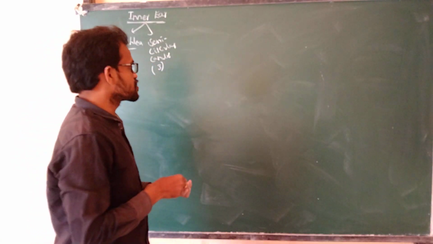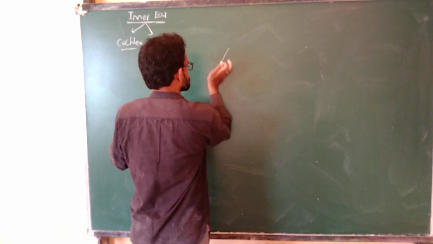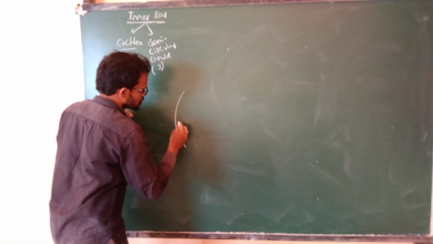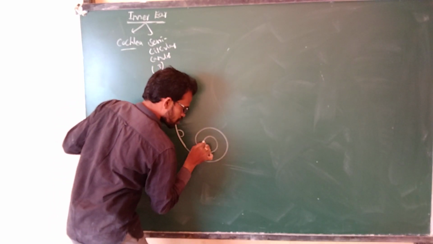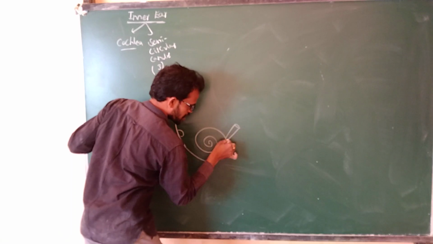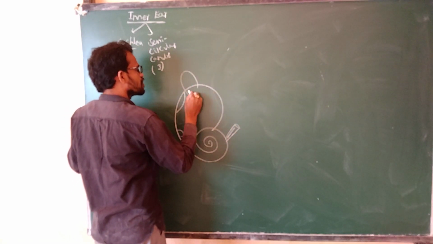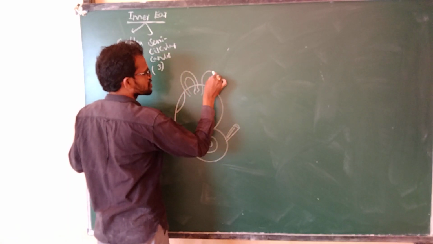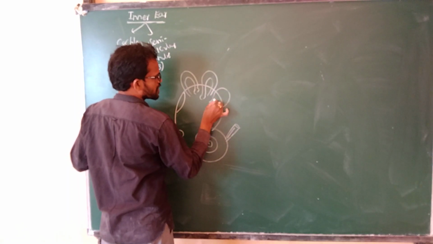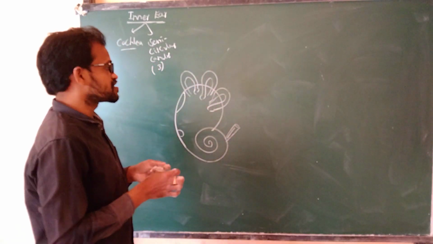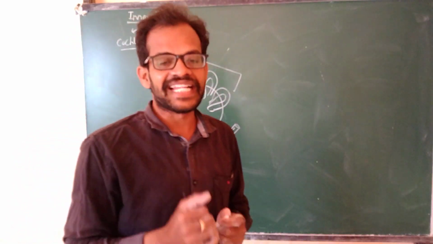Three semicircular canals. See here: oval window, round window. This indicates the cochlear part. These are the three semicircular canals present in the inner ear.